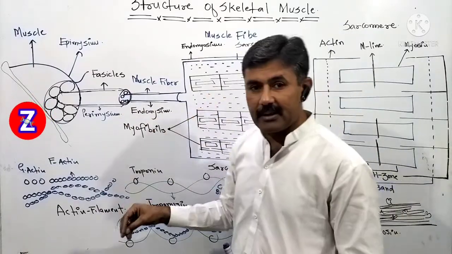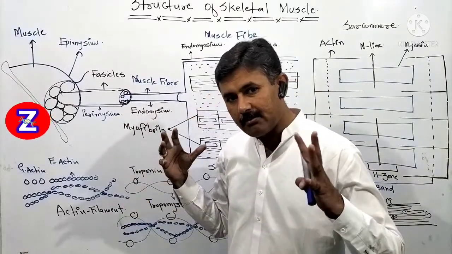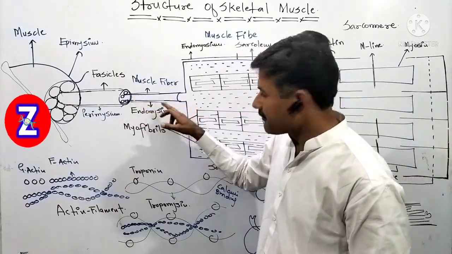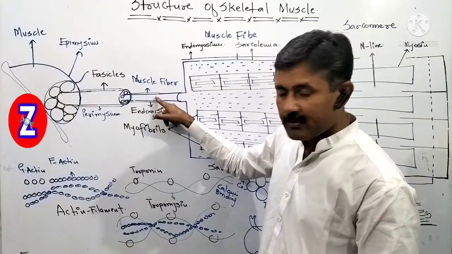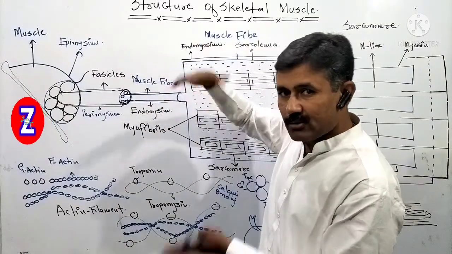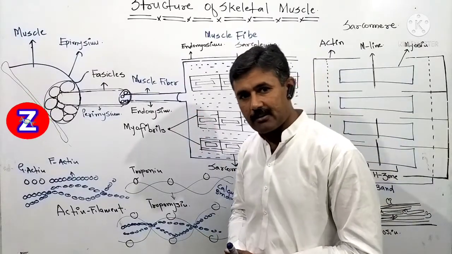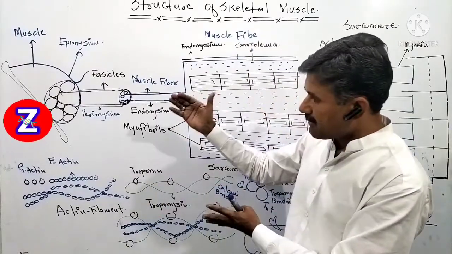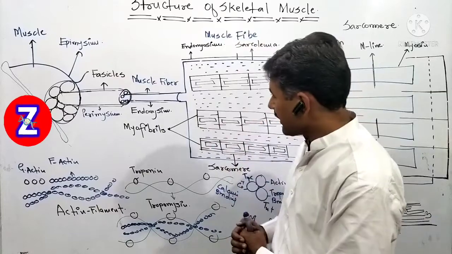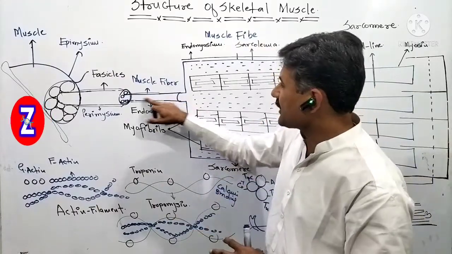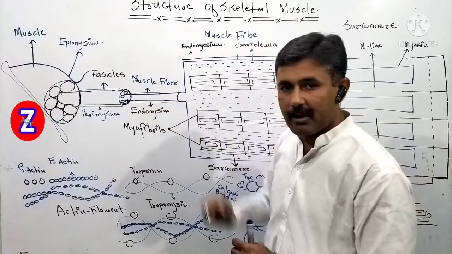Within one fascicle there are many muscle fibers present, and this is one muscle fiber that we have taken out, and this one muscle fiber is also covered externally by a membrane that is called endomysium. And this is the arrangement of epimysium, perimysium, and endomysium. Endomysium covers the actual structure of the muscle fiber.